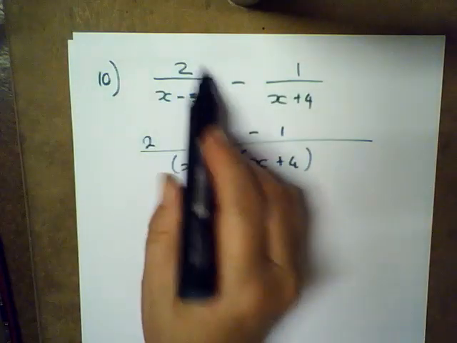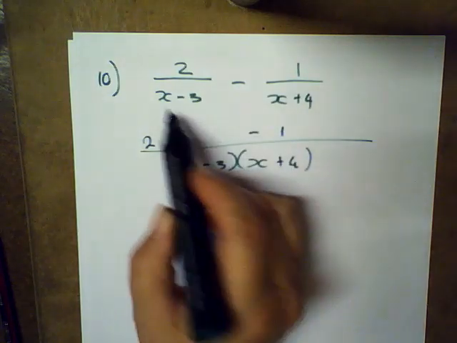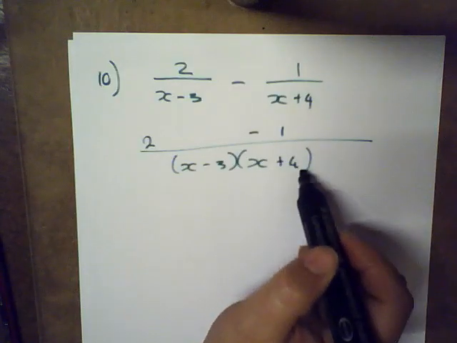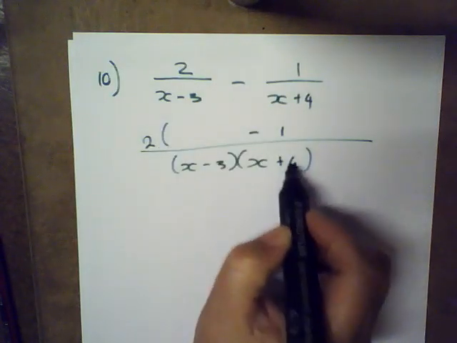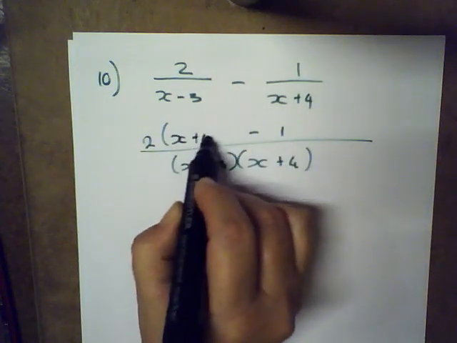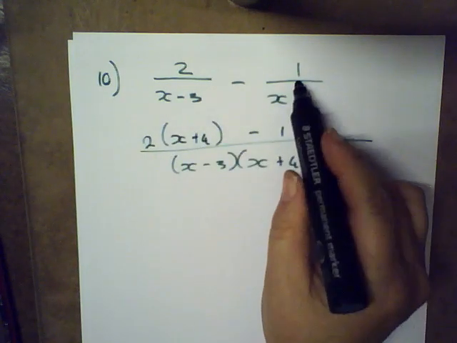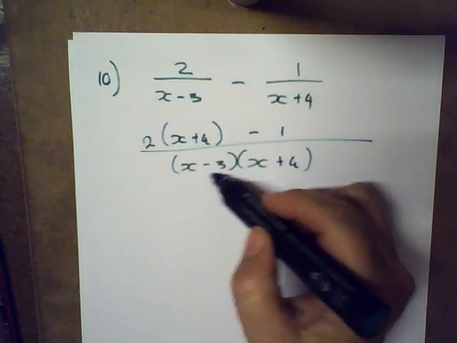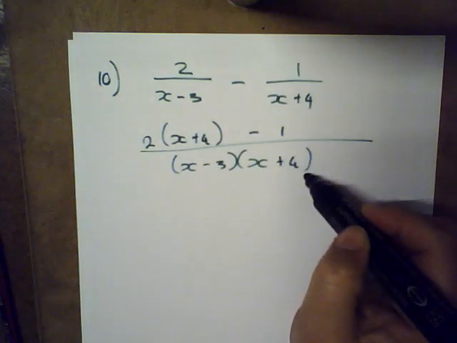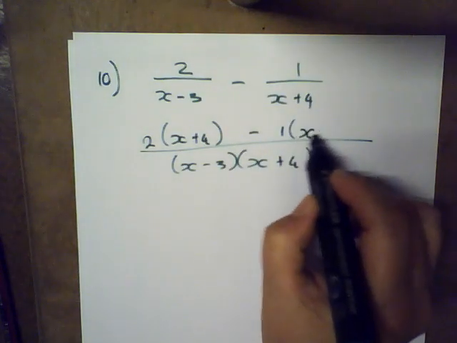What did I have to multiply this fraction by to have x minus 3 and x plus 4 in the denominator? It would be x plus 4. And for this fraction? Well, the answer is x minus 3.